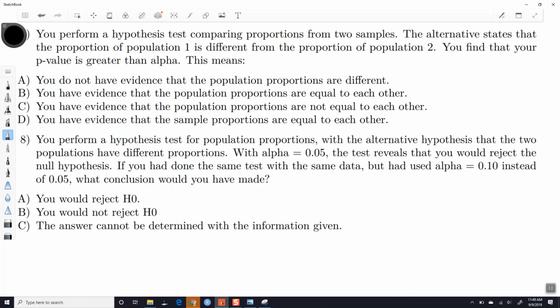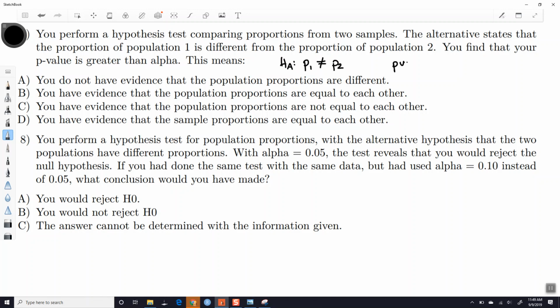Okay, so hang on. Let's take a look at number 7. It says you perform a hypothesis test comparing proportions from two samples. The alternative states that the proportion of population 1 is different from the proportion of population 2. So our alternative is going to be P1 is not equal to P2. And you find that your p-value is greater than alpha. Okay?